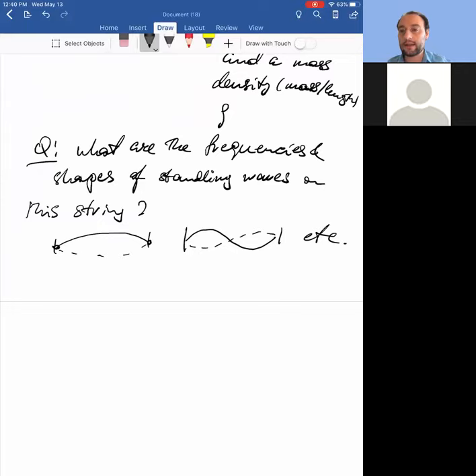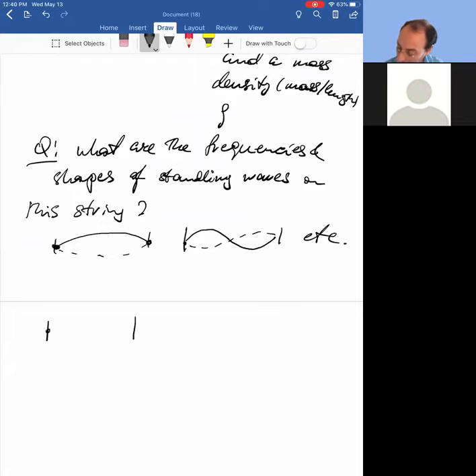And the only way this can happen here is at specific wavelengths, when you can fit in just an integer number of these half wavelengths. Why is that? Because of boundary conditions, because the string has to be attached at the end, right?